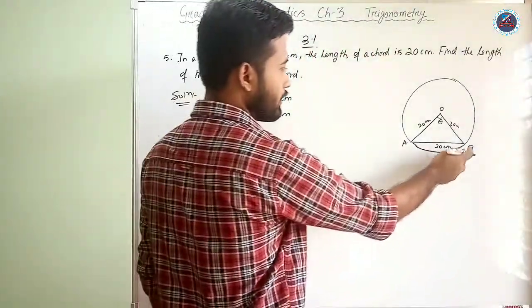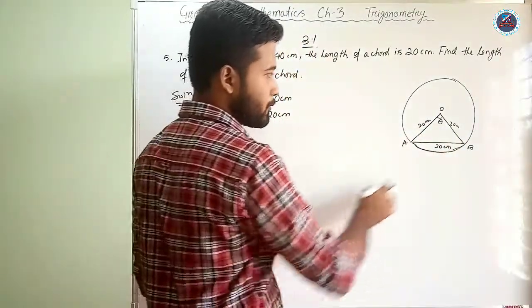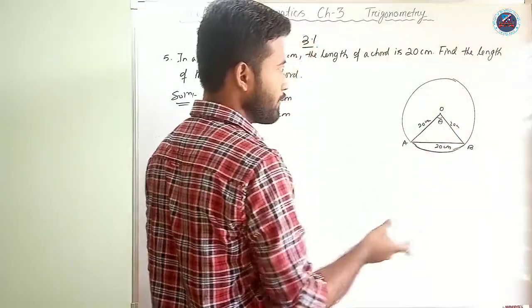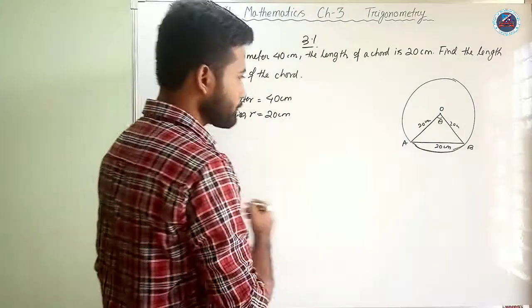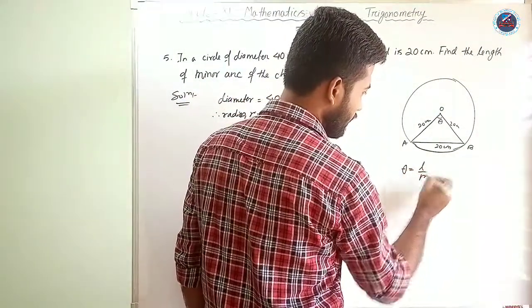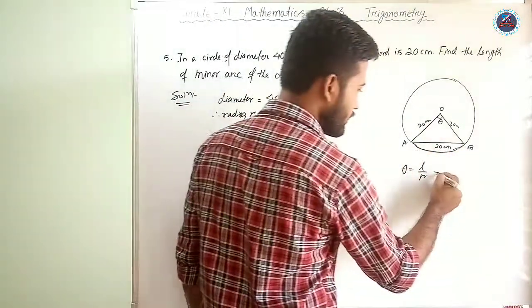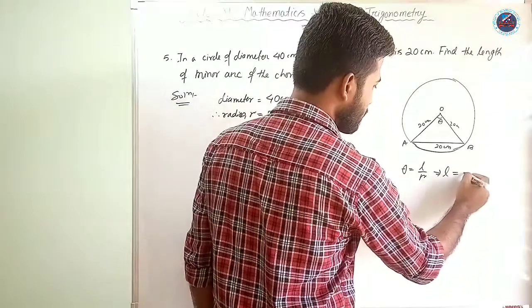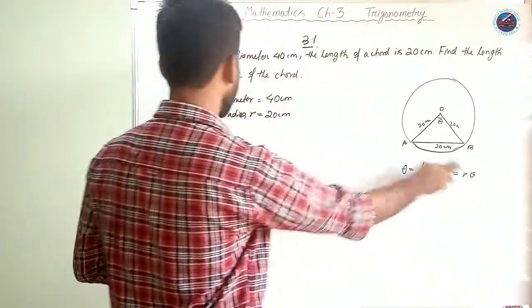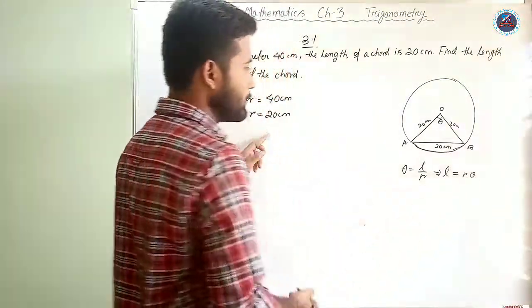We know that this arc subtends an angle theta at the center. So if we are able to find the theta, then we can find the radian of that. So we have the formula that theta is equal to L by R, and if we want to find the arc length, then using this we can write L is equal to R theta. So since we already have the R, we need to find the theta only.